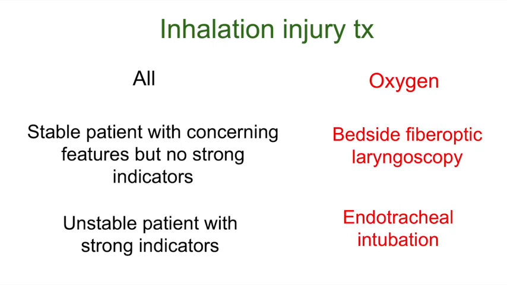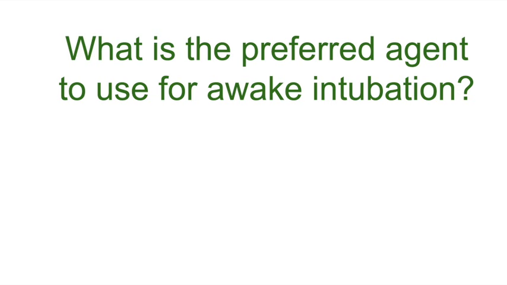It's very important to note that strong indicators for airway injury would include oropharyngeal blistering or hypoxia or other such features. Another high yield fact to note is that when you do a fiber optic laryngoscopy, this provides visualization of the supraglottic structures. And if oropharyngeal erythema, blistering, or soot is present, then airway stabilization with intubation should be strongly considered.